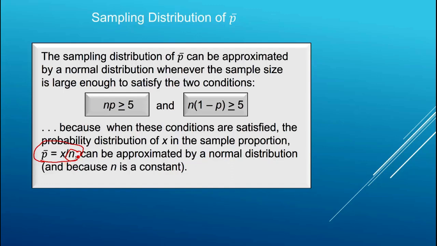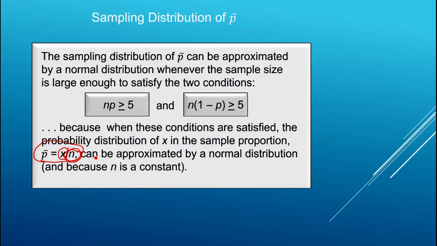So the probability of getting x successes out of n is basically like a binomial experiment, where what's changing is the number of successes and the probability of getting that number of successes, and that's related to the proportion. P bar is the number of successes out of these n trials when we went and selected n individuals to make up our sample. So the binomial distribution is quite important here.